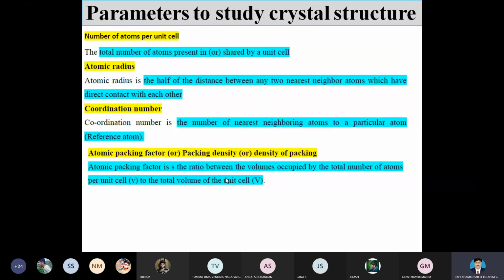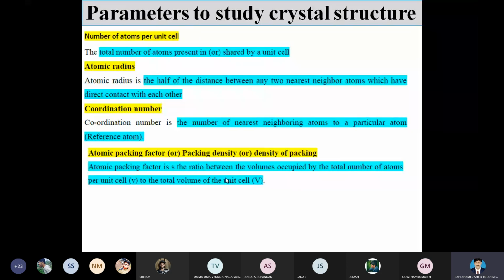The second one is the atomic radius. Atomic radius is defined as half of the distance between two nearest atoms which have direct contact with each other. This point is very important. Just like that, we are not going to measure the atomic radius.